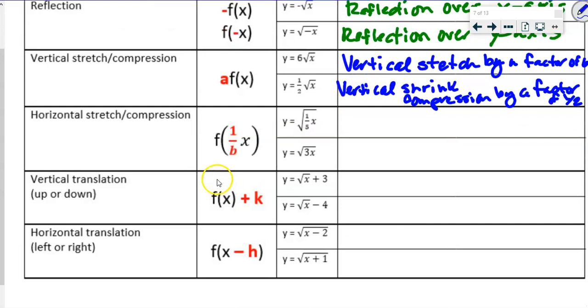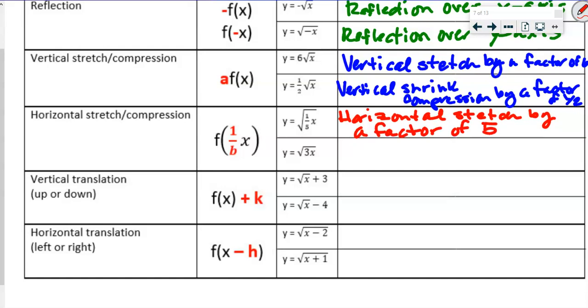The next one is a horizontal stretch or compression, okay? So this one, again, remember, if it's under the house, if it's in the radical, y'all, it's going to change. So this time, this is going to be a horizontal. And it looks like it's a fraction, right? So it's actually going to be a stretch, y'all. And this one by a factor, remember, we're going to invert it, of 5.